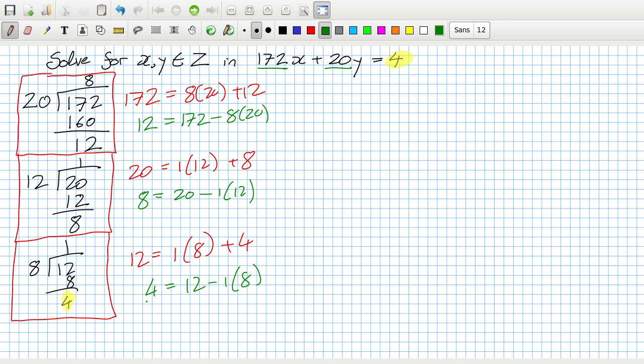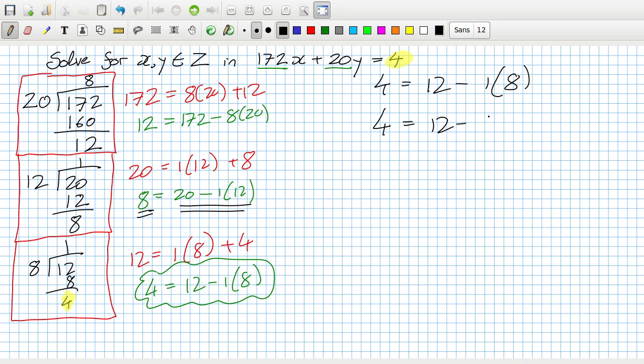And then you take the last equation and just write it up the top here. 4 equals 12 minus 1 times 8. And then you substitute in the brackets. So we can replace the 8 with this expression. So we get 4 equals 12 minus 1 times 8, which is 20 minus 1 times 12.